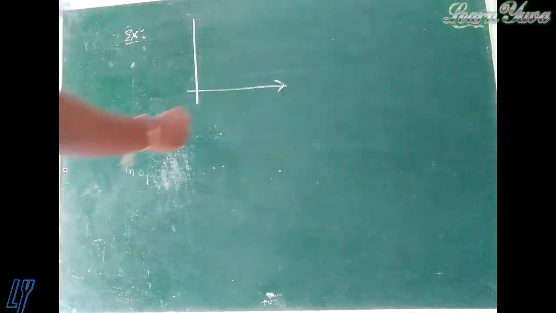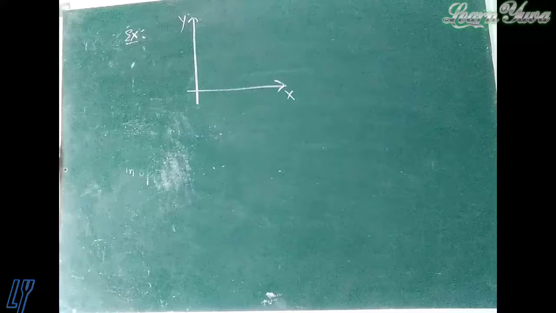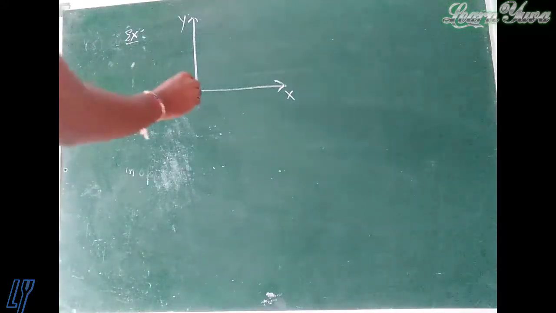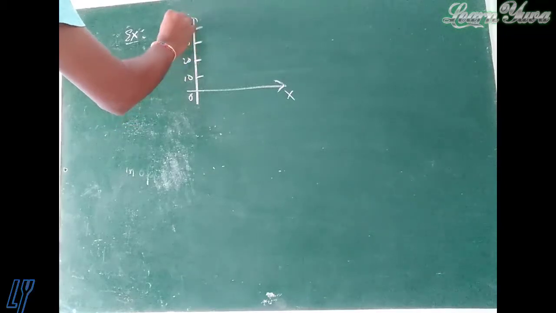Here the graph will be like this, x and y, with 0, 10, 20, 30 and 40.